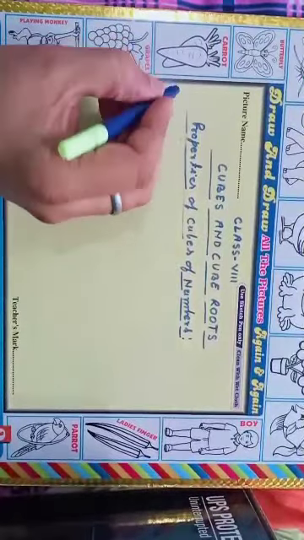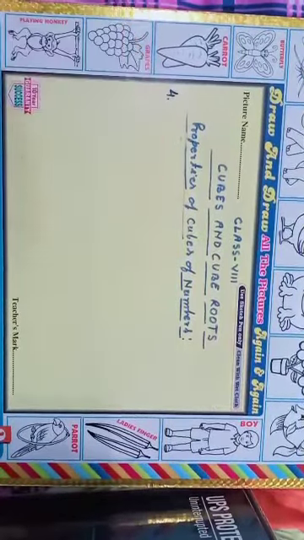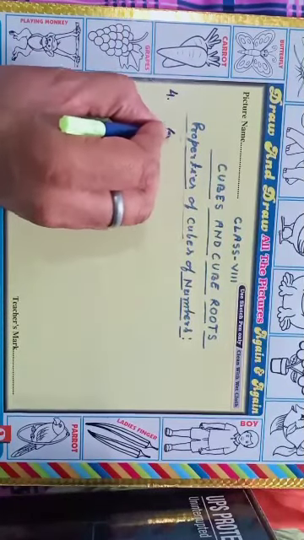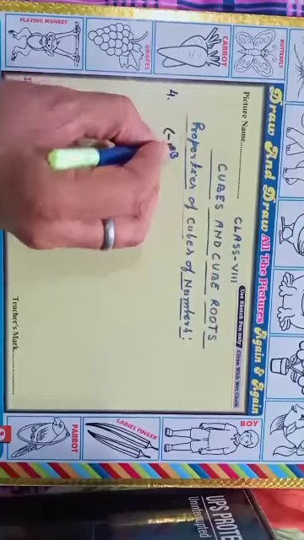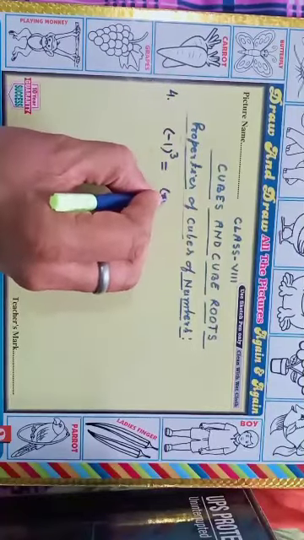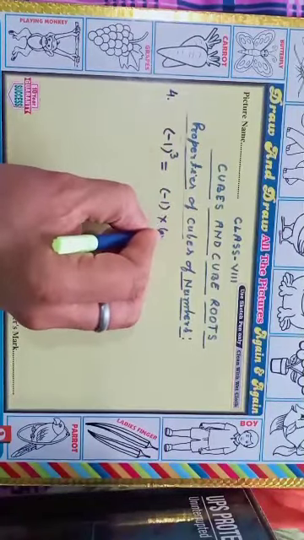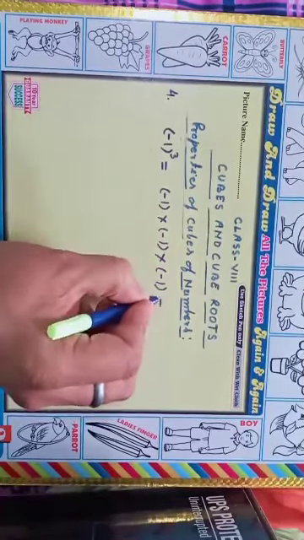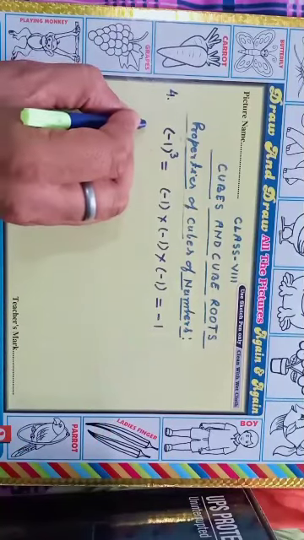Now next, the fourth property. First see the example. Cube of -1: -1 multiplied by -1 multiplied by -1, its value becomes -1.